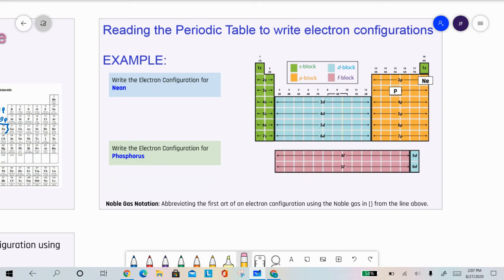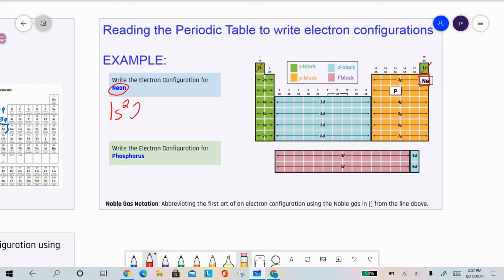We're going to start off by writing the electron configuration for neon. I put in a little box right here. This is neon on the periodic table, and I'm just going to count. I know I have to start at 1s, and in 1s I have 1 electron, 2 electrons.